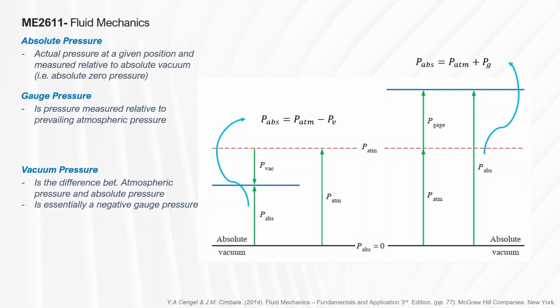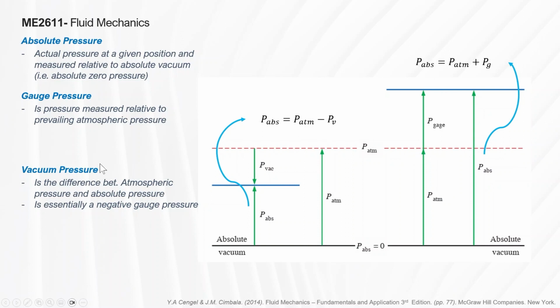So basically, absolute pressure dito, essentially, is the actual pressure at a given position measured relative to absolute vacuum or zero pressure. Essentially, it's atmospheric pressure plus yung gauge pressure depending on where you are. So, yung gauge pressure at a certain height, atmospheric pressure niya, then yung combination, yung sum net total, is yung absolute pressure niya.